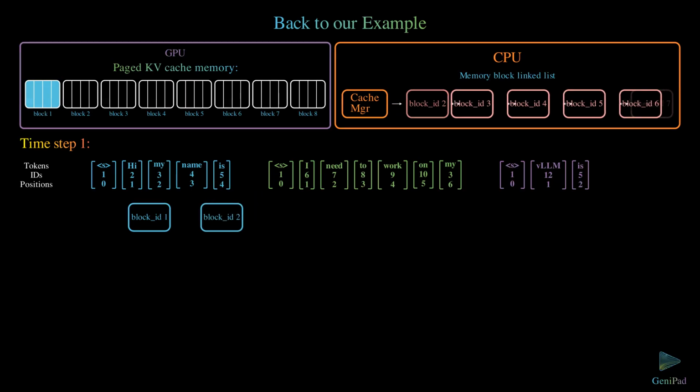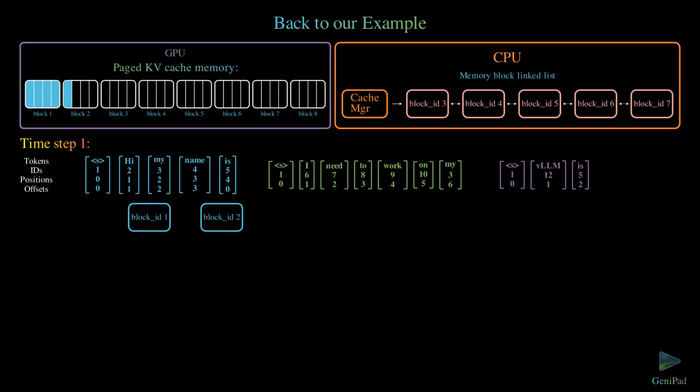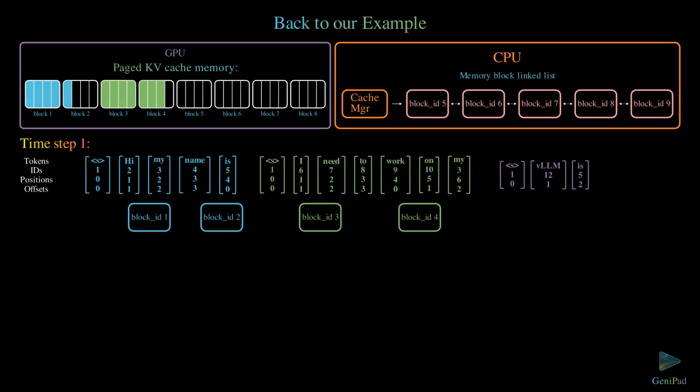The second block is assigned to the last token of the first prompt. Each token has an offset that indicates its position within the block. Similarly, the KV cache manager assigns CPU block IDs for the remaining prompts, and the offset for each token is computed as well.